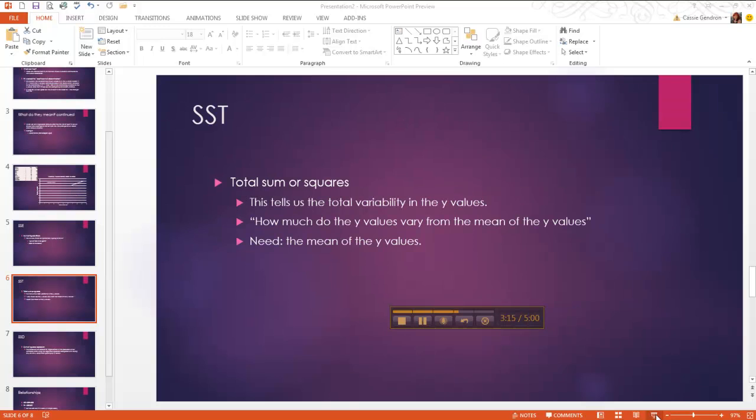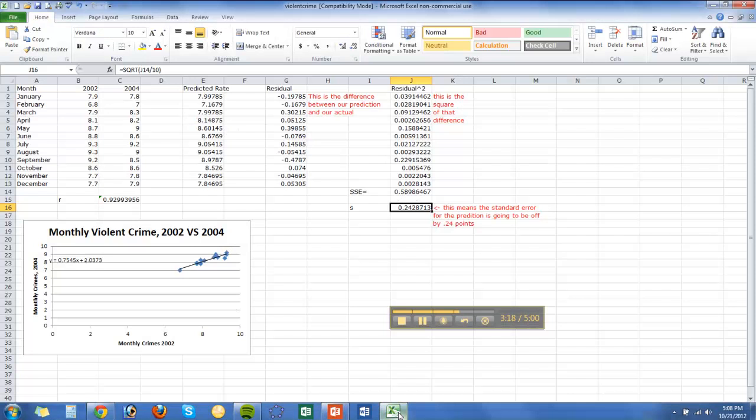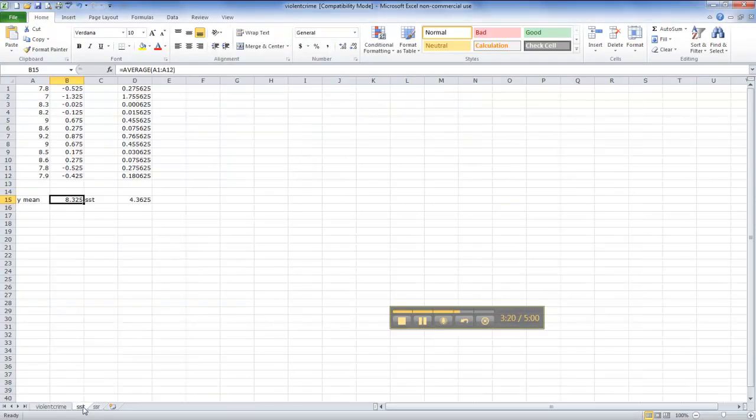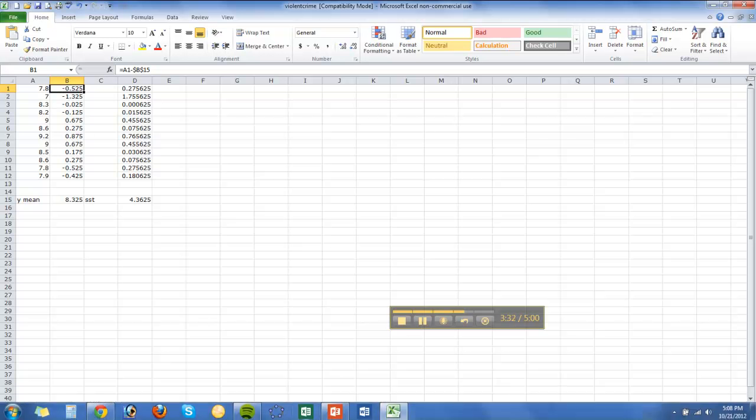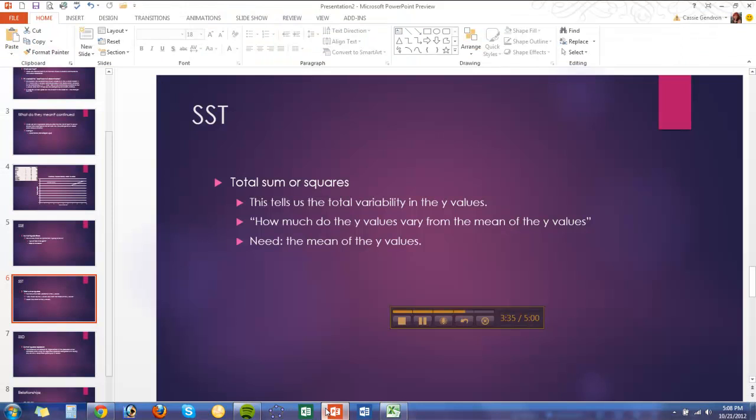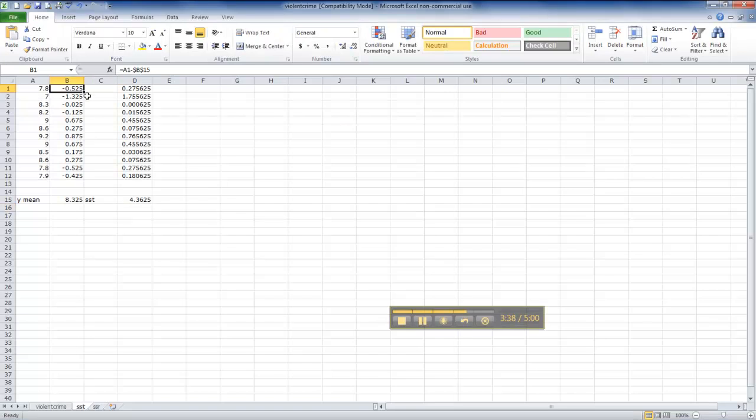So let's go back to our Excel form. I have an entire sheet done for this already. So here's all our y values. Here's our y mean, done with the average. This is the SST. Yes, I'm on SST. So the SST relies on subtracting the y value minus the y mean. Okay, so that's what all of those are.